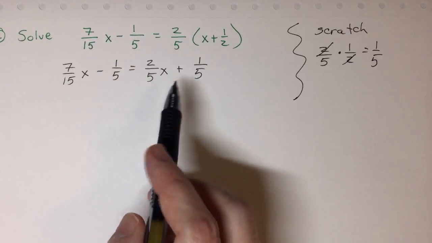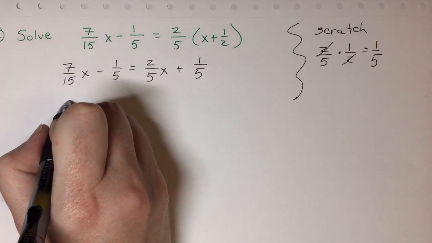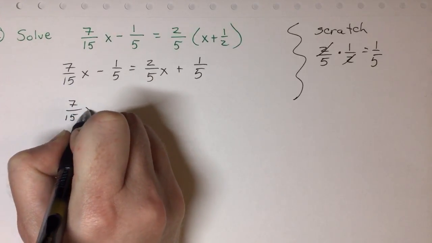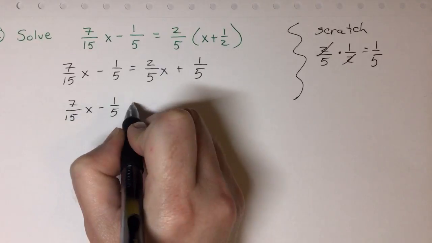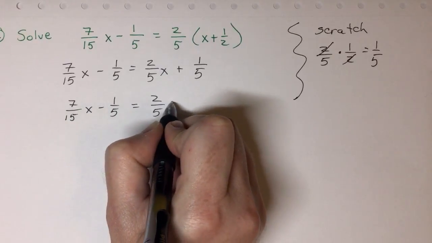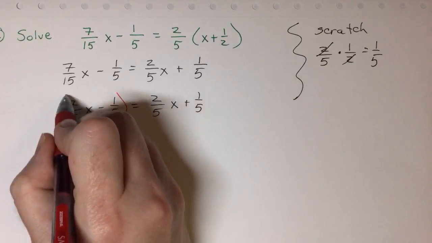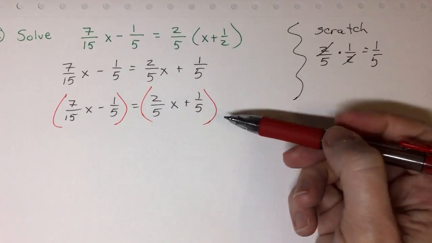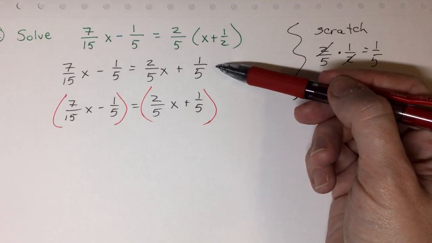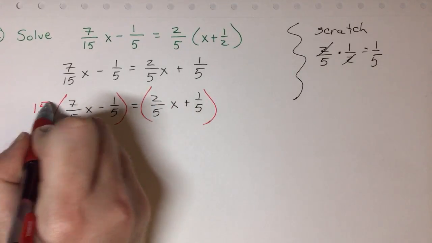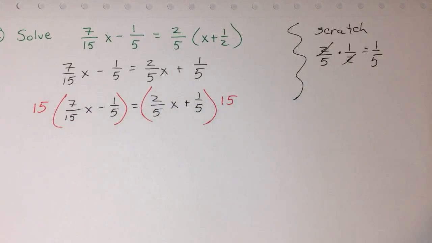15, 5, 5, and 5, well, I'm going to multiply both sides by 15. Now, I am going to, in this case, rewrite that line and show the multiplication, because that way, if I've made any careless mistakes, I can go back and check it much easier. So multiplying both sides of the equation by 15, I've multiplied both sides by the same non-zero number.